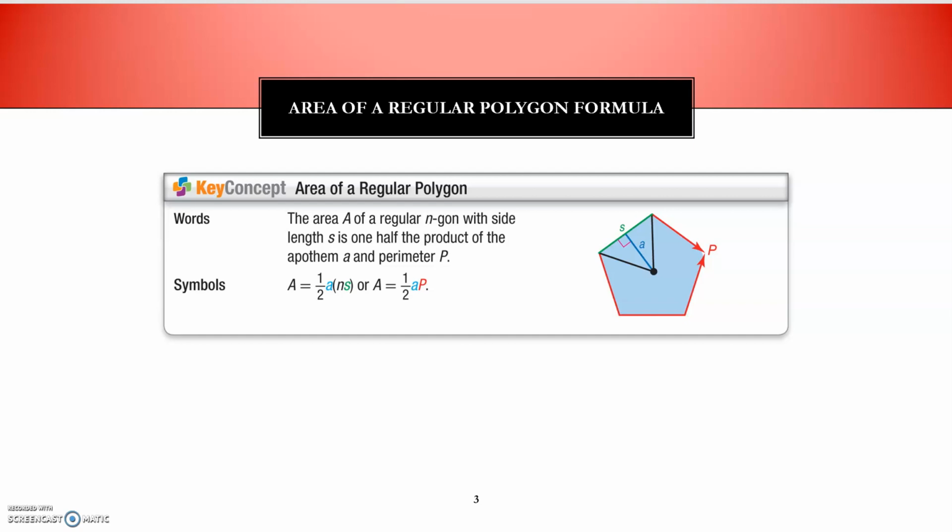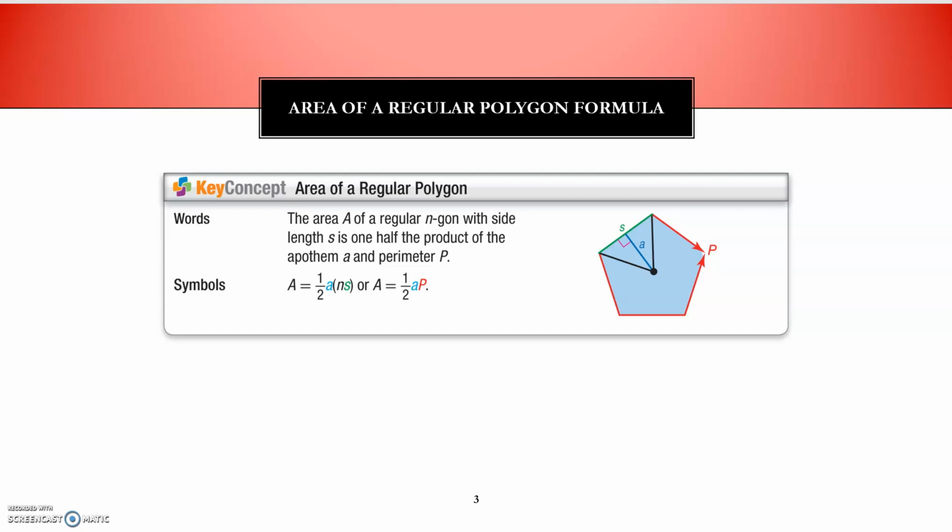If you know the perimeter of a figure, then you can use 1/2 times the apothem times the perimeter, recognizing that the number of sides times the length of the side is the perimeter. And again, that's because in a regular polygon, all sides are equal.